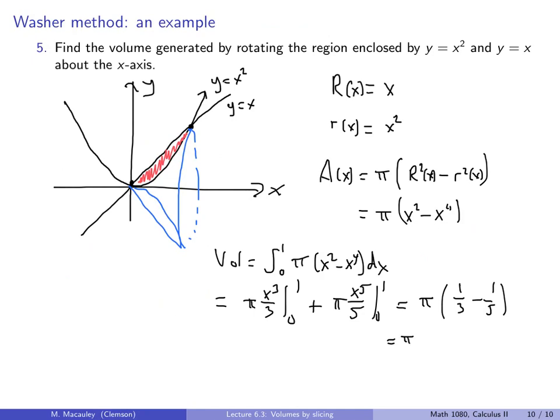This is pi times 5/15 minus 3/15, which is 2 pi over 15 cubic units. And that's our final answer.